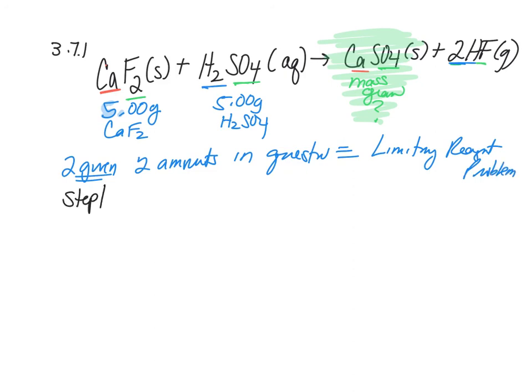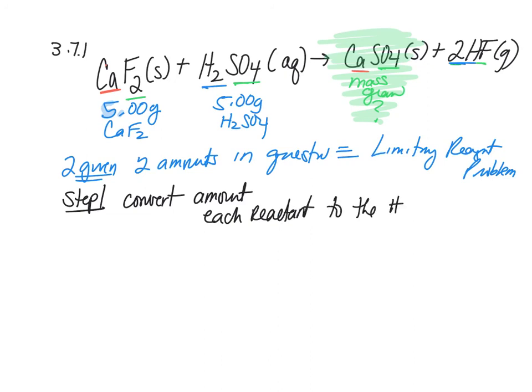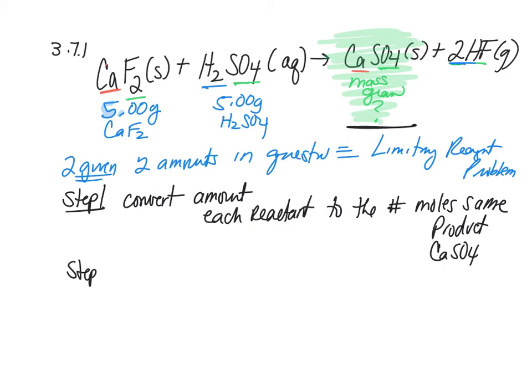Step 1, you need to convert the amount of each reactant to the number of moles of the same product. So in this product, we're going to do calcium sulfate because it already is asking that question anyway. And then step 2.